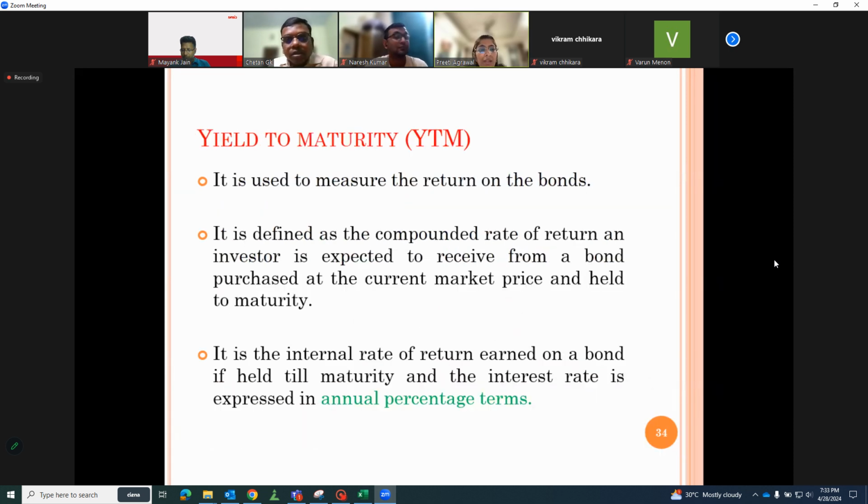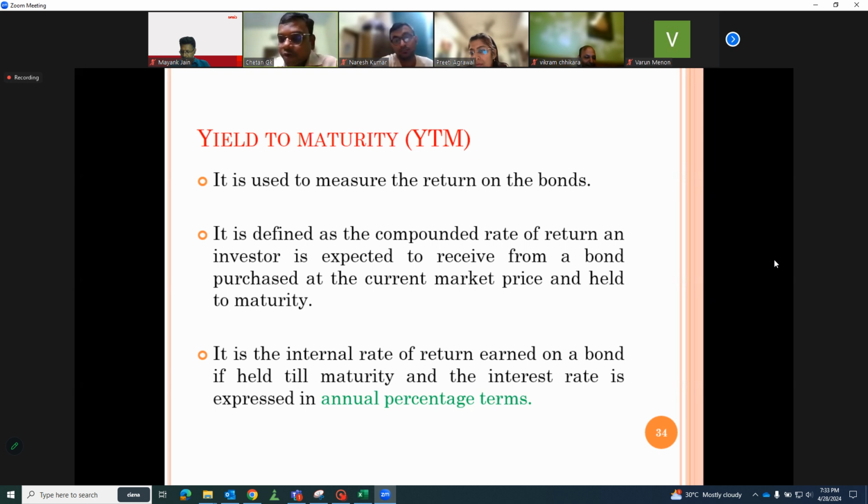Sir, one more thing. It is written that it is the compounded rate of return, but what we get is not a compounded rate of return, what we saw earlier. 120 rupees per year we were getting. Yes, 120 rupees we are getting, correct. So is this yield to maturity different in that case? What we studied earlier was not compounded. No. The value of the bond we have computed.